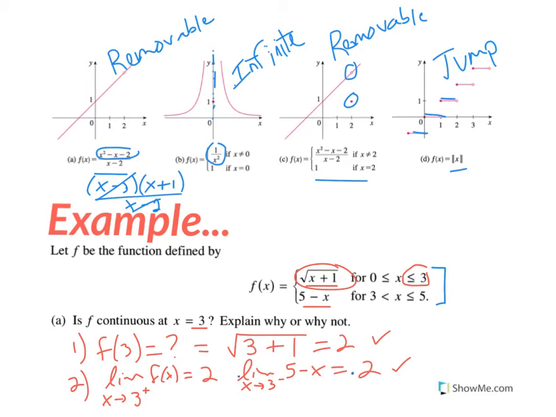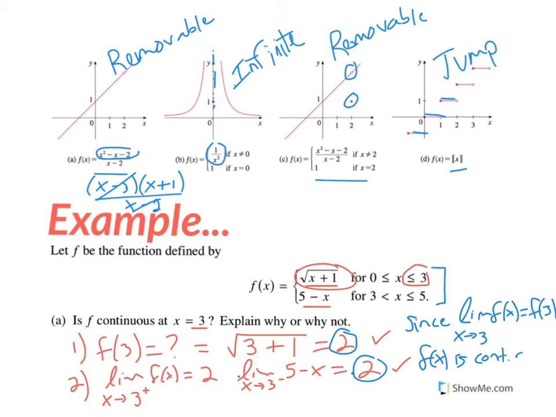Since the output equals the limit, I want to have that statement in the end, but step 3 is really that statement, whether it's continuous or not. So since the limit as x approaches 3 of f of x equals f of 3, f of x is continuous at x equals 3.